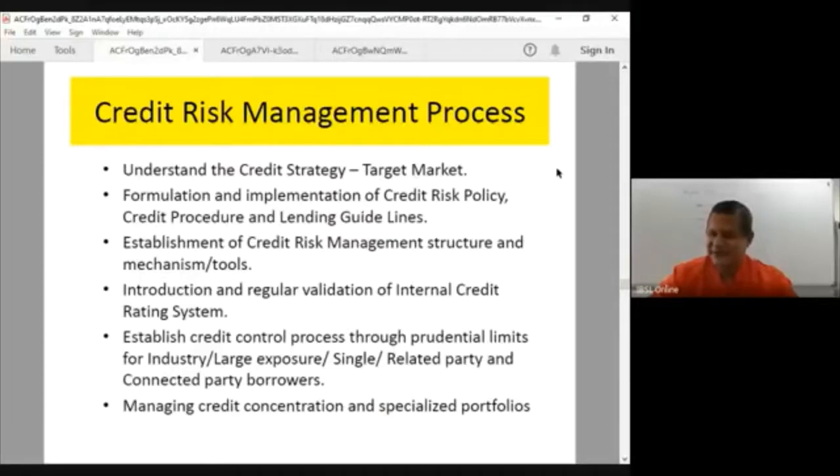So financial as well as qualitative aspects will be taken into consideration in creating various platforms to analyze the customer's creditworthiness. And this creditworthiness is summarized.